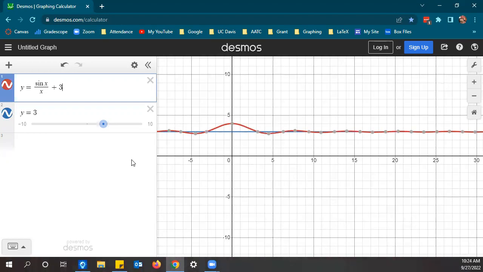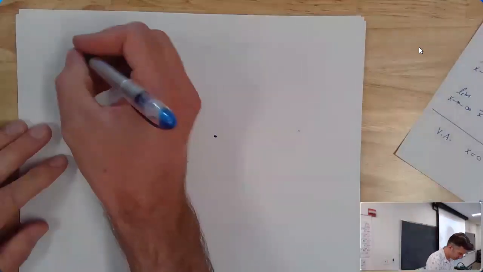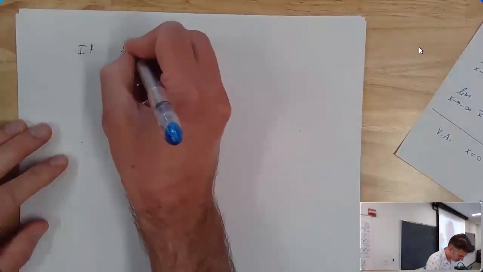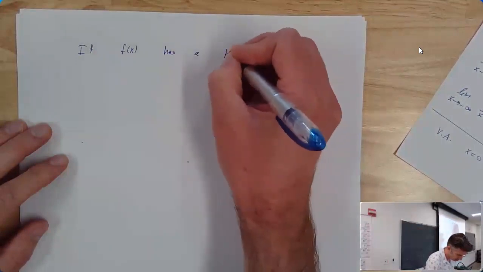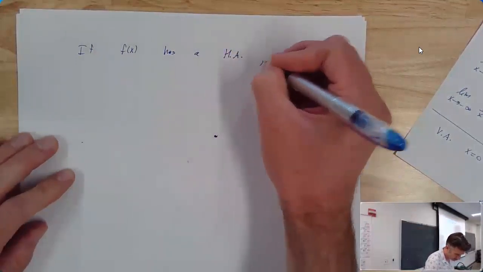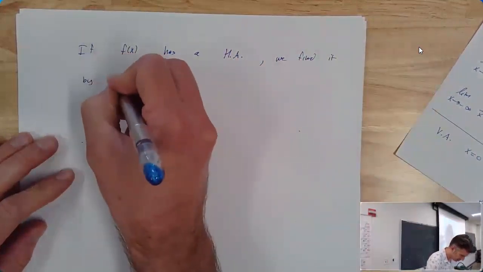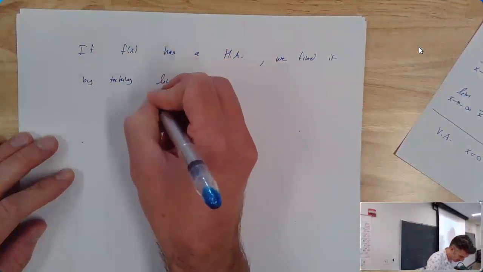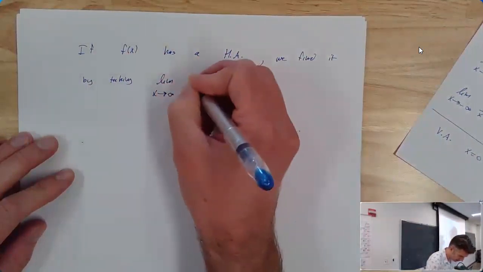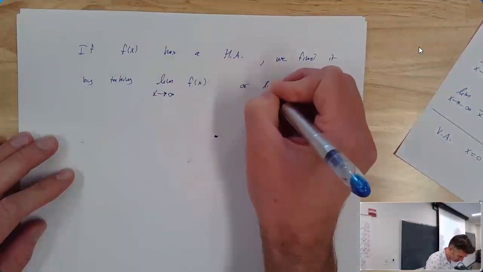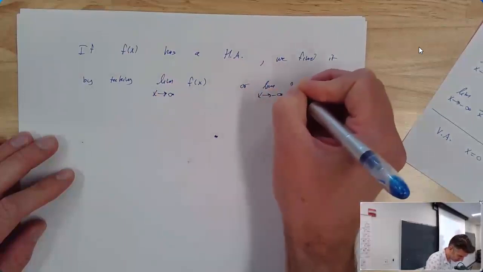So we're getting there. Here's the deal, and this is where I really want to be very specific. If a function has a horizontal asymptote, we find it by taking the limit as x goes to infinity of that function, or the limit as x goes to minus infinity of that function.